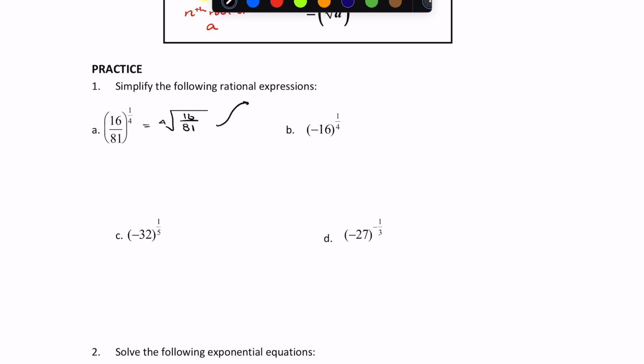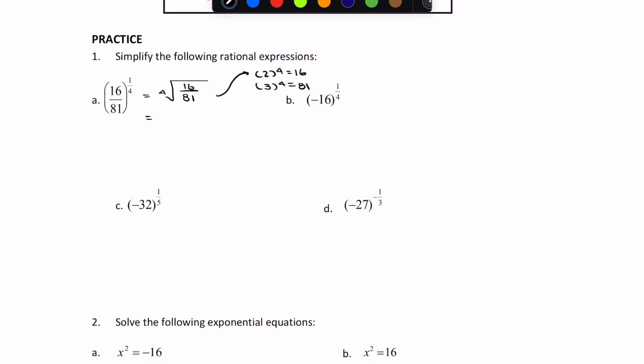Here we see that 2 to the power of 4 is equal to 16, and 3 to the power of 4 is equal to 81. So our final answer will be 2 over 3.